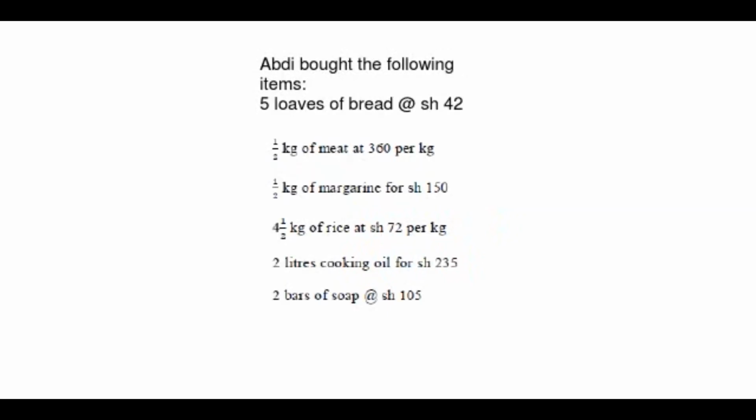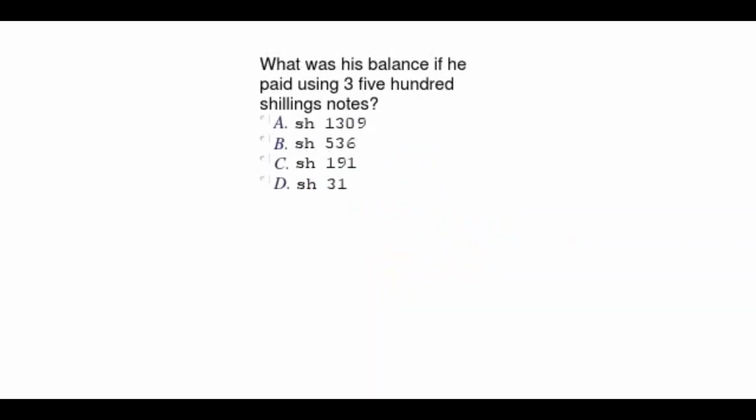So we have 5 loaves of bread at 42 shillings each. So bread, we have 5 loaves times 42 shillings each. This will give us 5 times 2 is 10, carry 1, 5 times 4 is 20 plus 1 is 21, so 210.